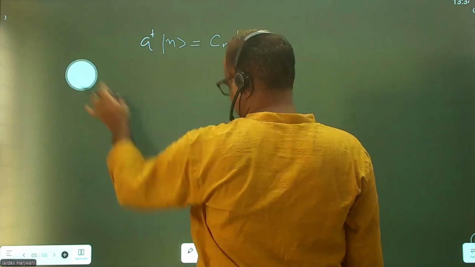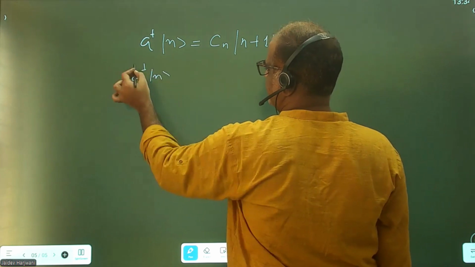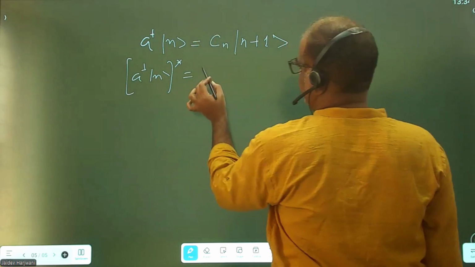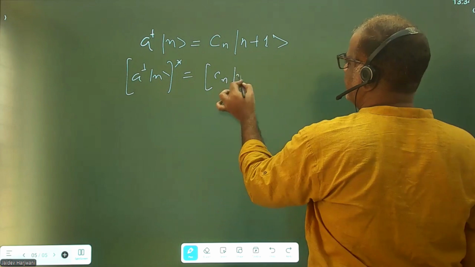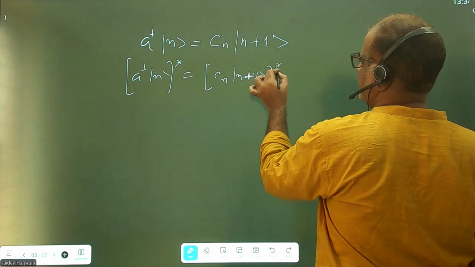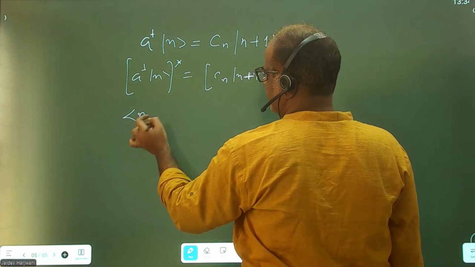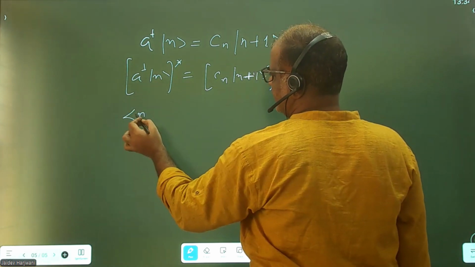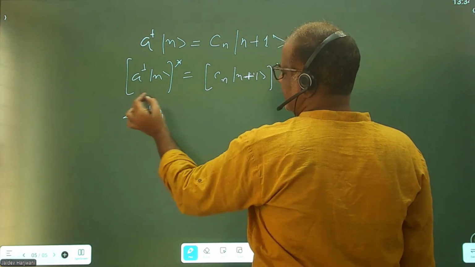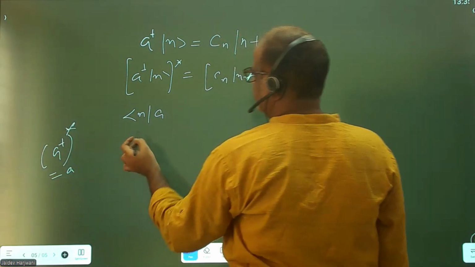So now if I take the complex conjugate of a plus n, and here also I take the complex conjugate, this becomes a bra vector, where it was a ket vector. And this a, we can show, is the annihilation operator.